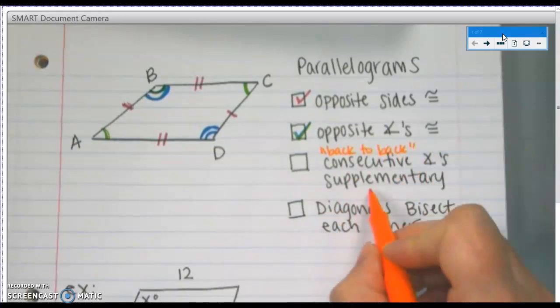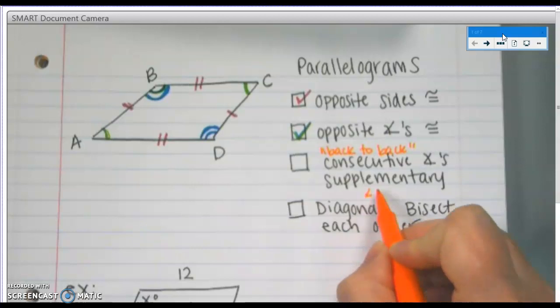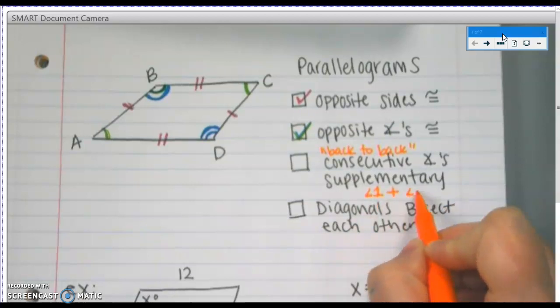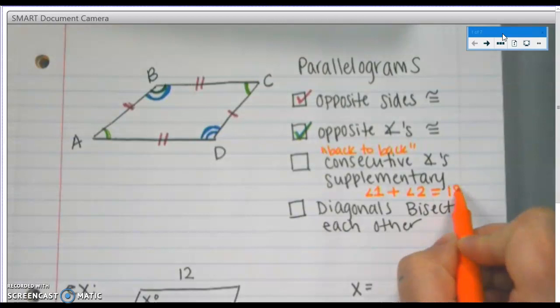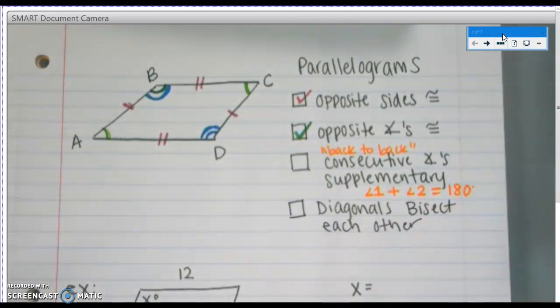And supplementary means that angle 1 plus angle 2 adds up to 180 degrees. Most of the time, it's easy to remember that supplementary goes with 180 degrees, but it's important that you remember you have to add two things together in order for them to equal 180.